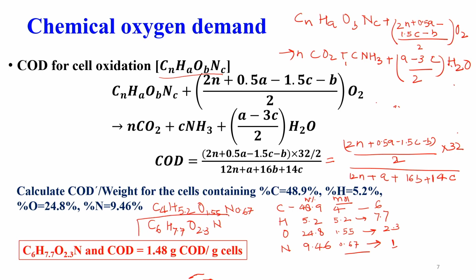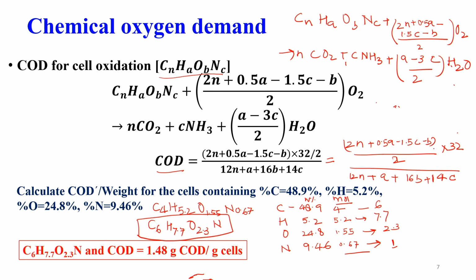As of now we are considering this molecular formula, and based on this one should be able to calculate the chemical oxygen demand. So, what is n here? n is 6. What is a? a is 7.7. What is b? b is 2.3. What is c? c is 1.